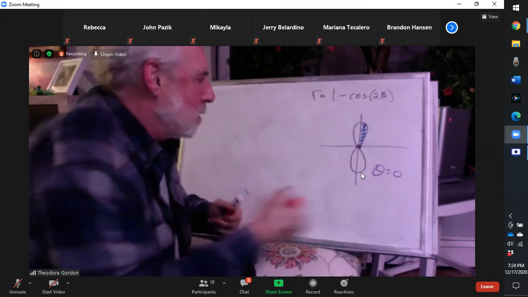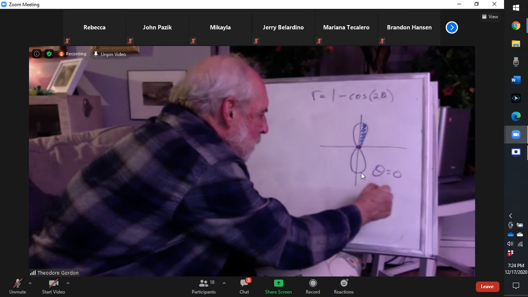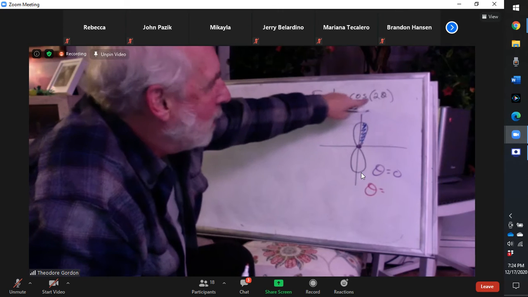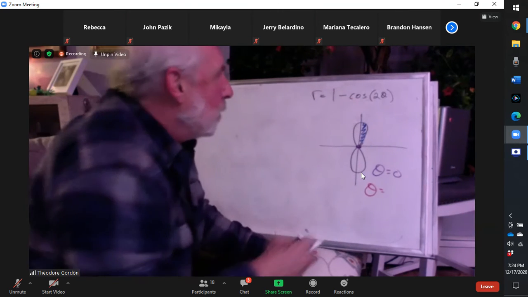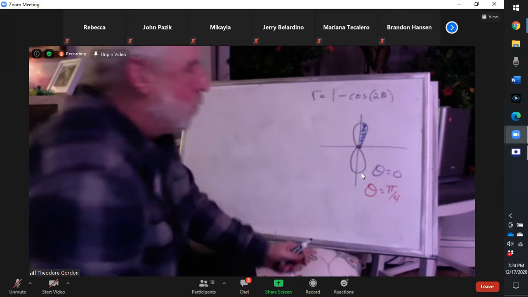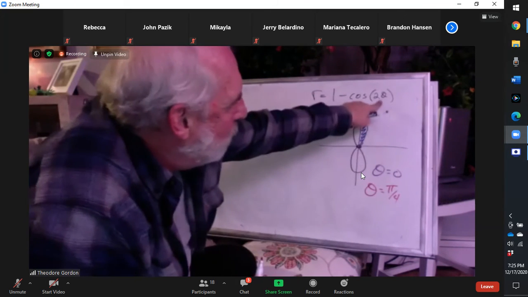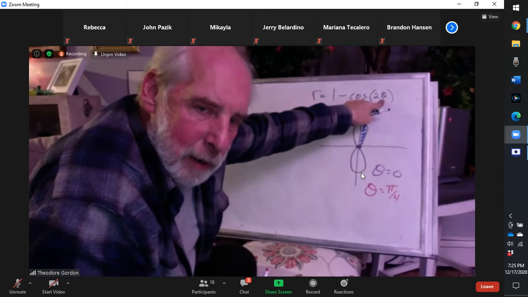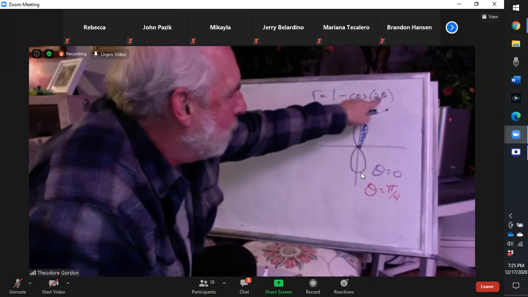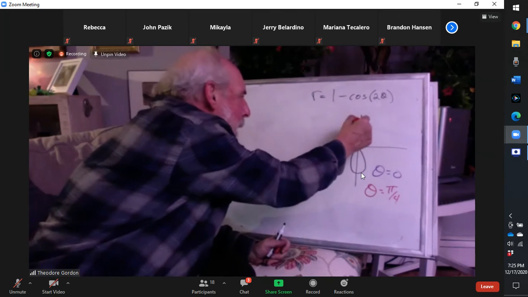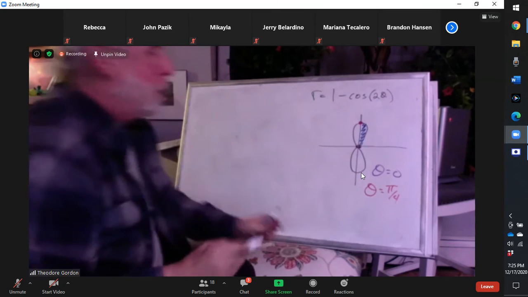What angle is going to put me up here? If theta is pi over 4, 2 times pi over 4 is pi over 2, and the cosine of pi over 2 is 0, so that gives us 1, and that puts us right up there.